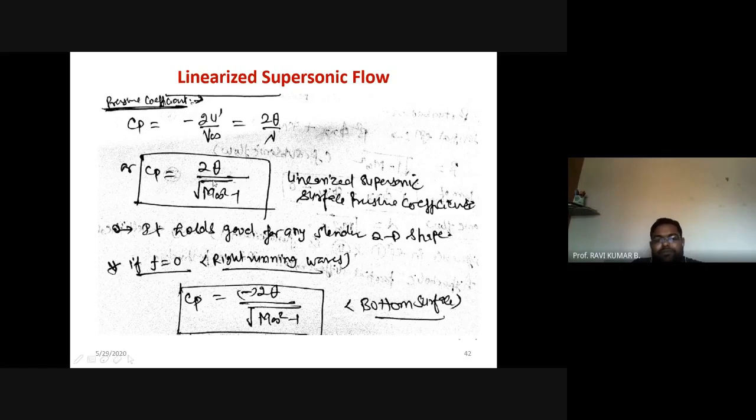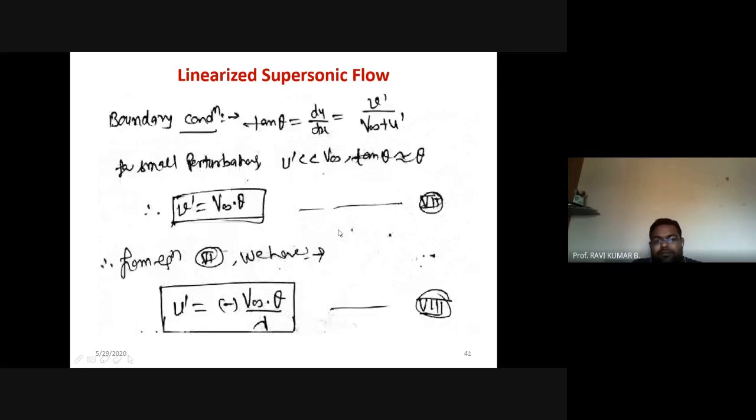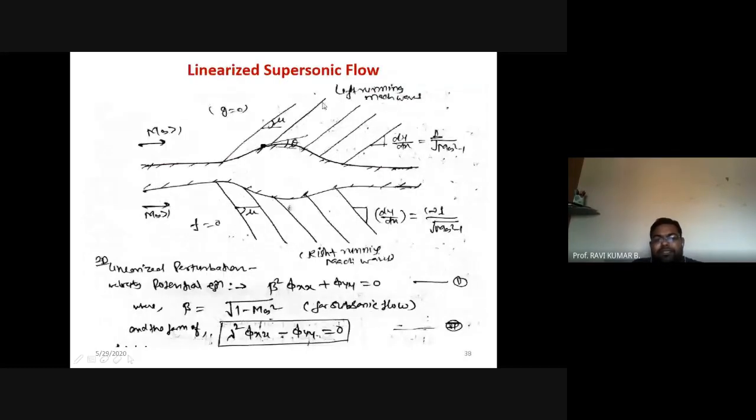There are two kinds of flow geometry. Look at this. These are the left running Mach waves on the top surface, and at the bottom surface are the right running Mach waves or Mach lines. For a right running Mach wave, the slope will be negative, and for a left running Mach wave, the slope will be positive.